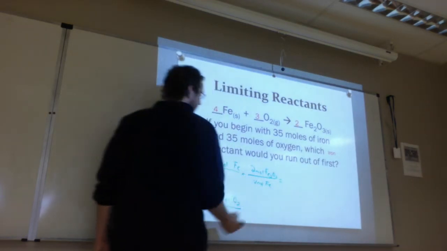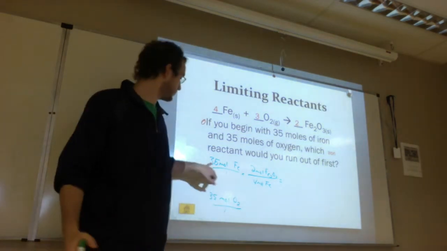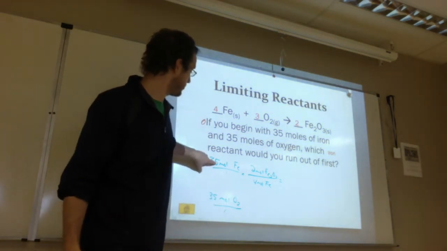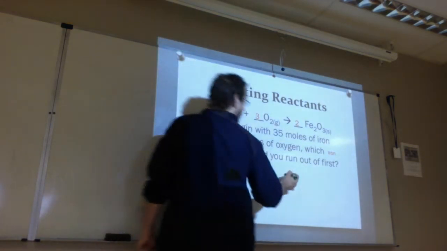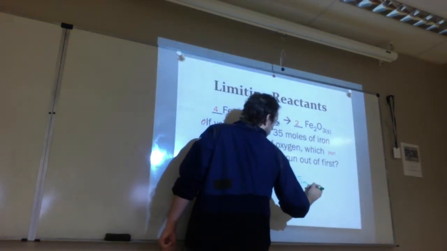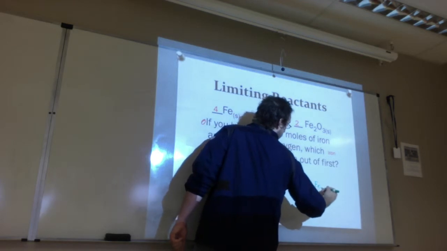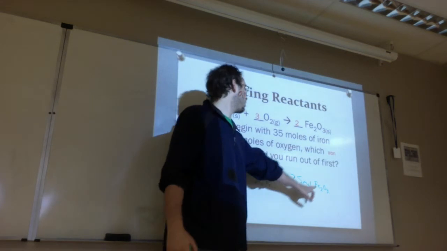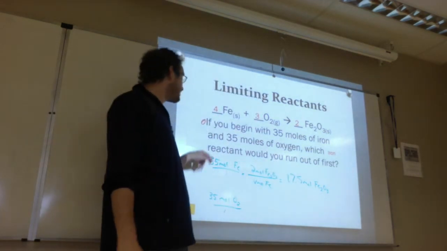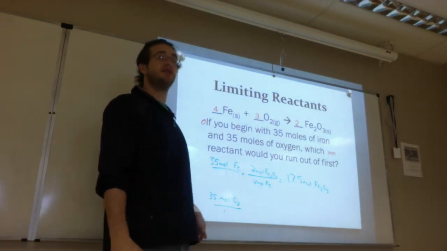What does that give you? So if all of our iron reacts, we're going to get 17.5 moles of iron three oxide. Now that's assuming we've got enough oxygen to go with it.